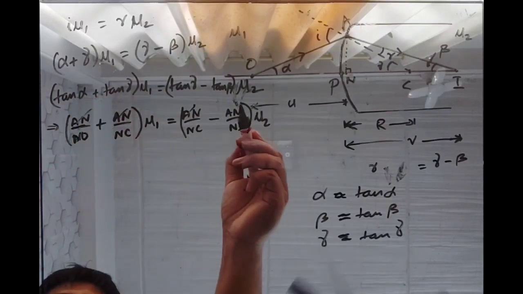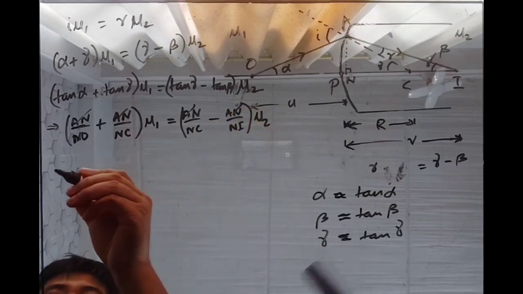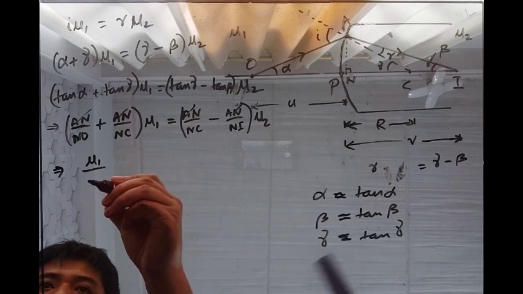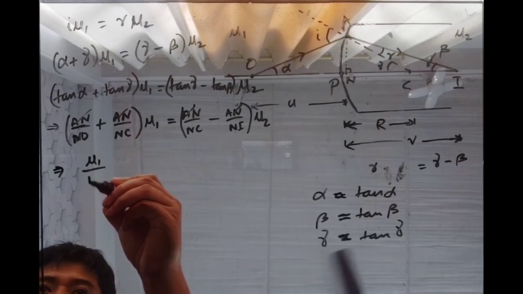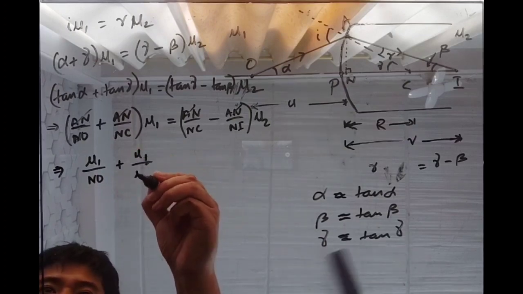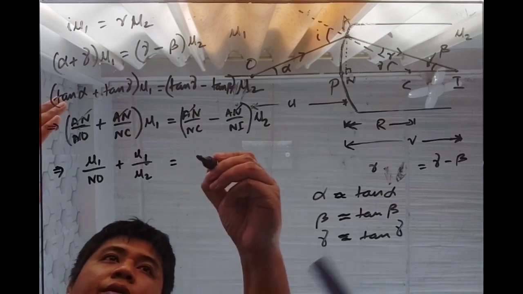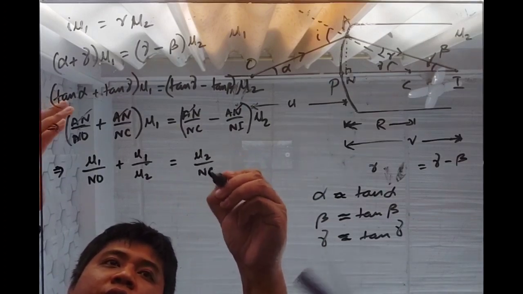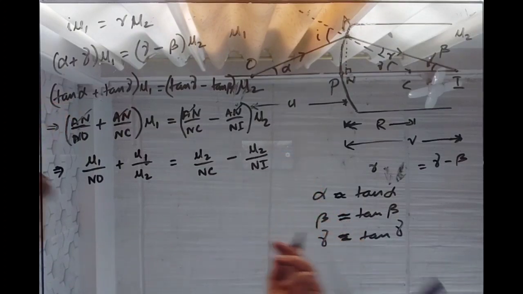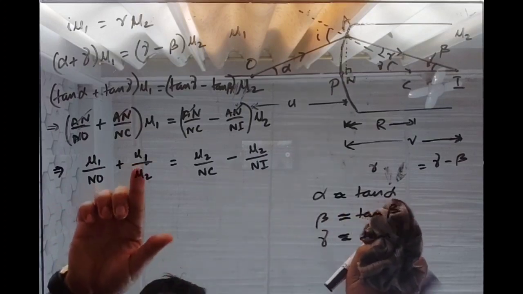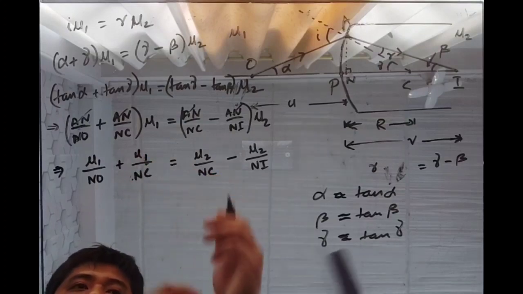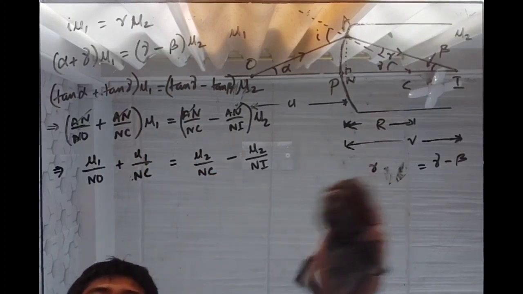They cancel each other, so breaking the bracket, we get mu1 by NO plus mu1 by NC equals mu2 by NC minus mu2 by NI. Here again we apply approximation.